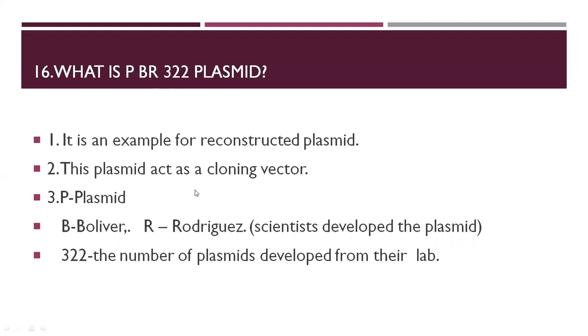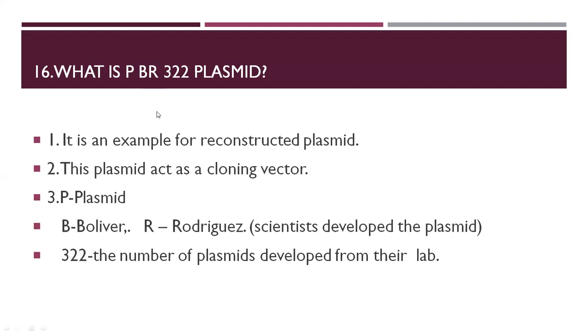This plasmid acts as a cloning vector. Generally, plasmids are also called the vehicle, an efficient gene exchanging vehicle. So the PBR322 plasmid acts as a cloning vector in genetic engineering.